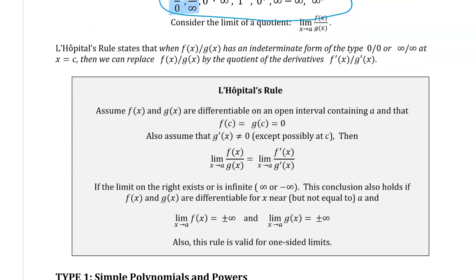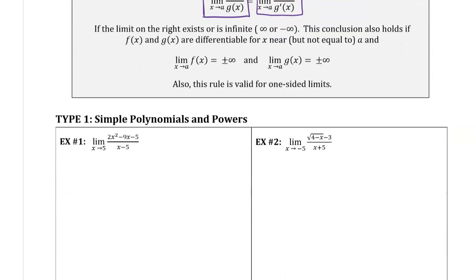Okay, so if it's 0 over 0, infinity over infinity, or it could be a negative somewhere, we will get to use L'Hopital's rule. So essentially, if we have a quotient and we get 0 over 0 or infinity over infinity, we get to take the derivative of the top and bottom and try it again. For example, looking at example number 1, if we put a 5 on the top and bottom and plug it in, we get 0 over 0.